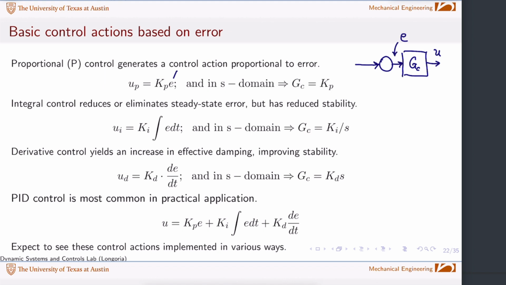Here, error acts proportionally to give you UP. In this one, I'm integrating error over time. In this one, I'm taking the derivative of the error, and that forms your total action.